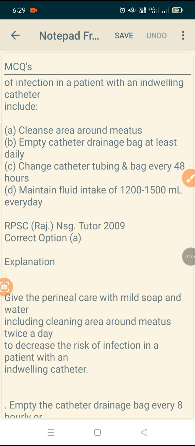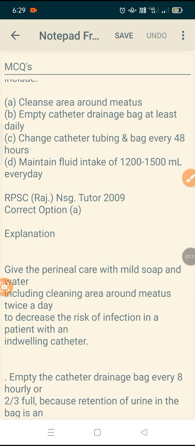In this option, give perineal care with mild soap and water, including cleansing the area around the meatus, twice a day to decrease the risk of infection in the patient with an indwelling catheter. So daily, in ICUs and wards, when there is a Foley's catheter patient, we need to maintain some precautions. A catheter associated urinary tract infection bundle will be there.